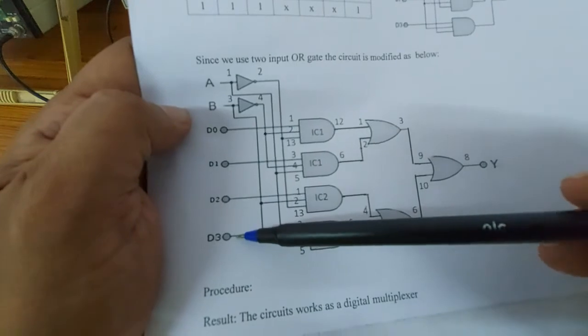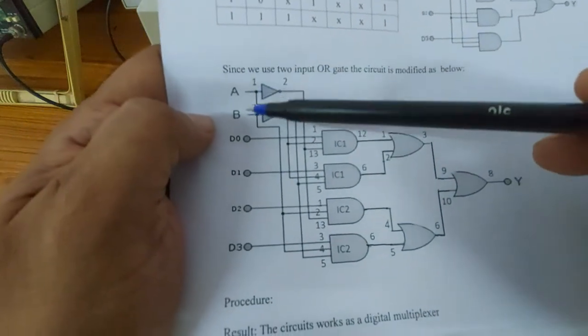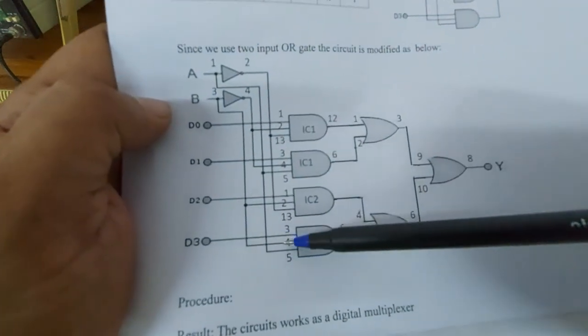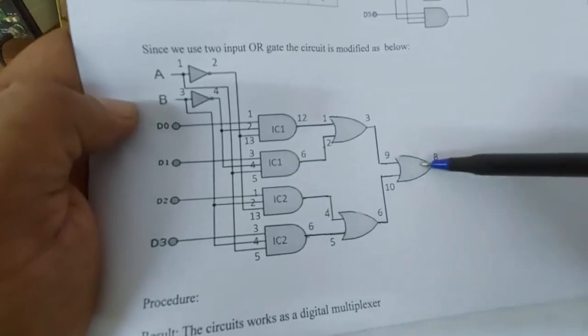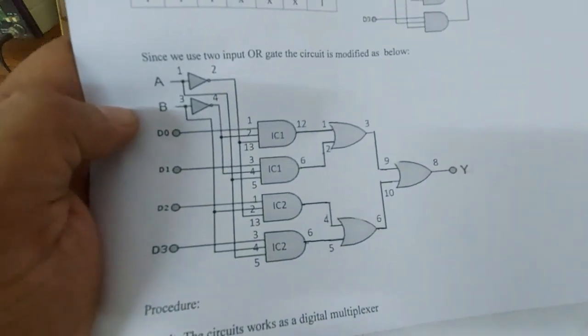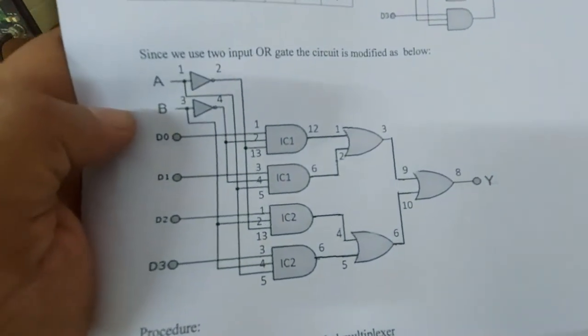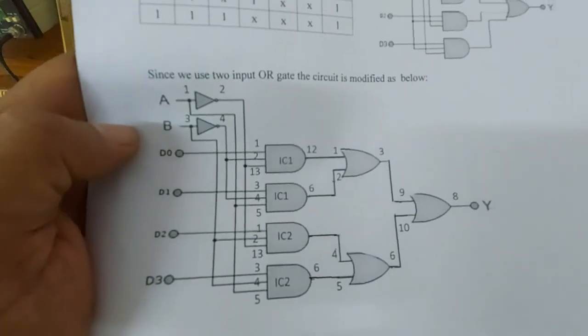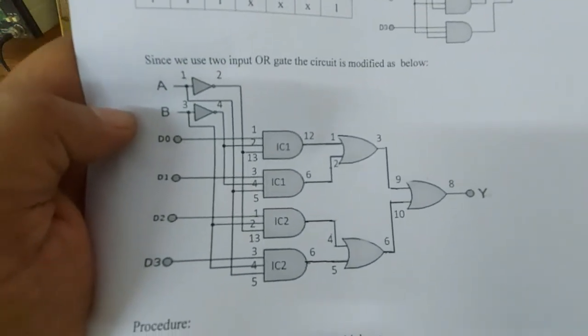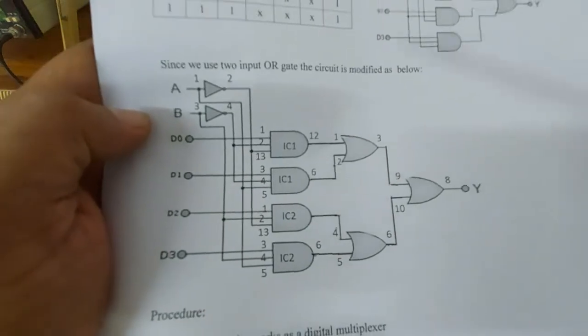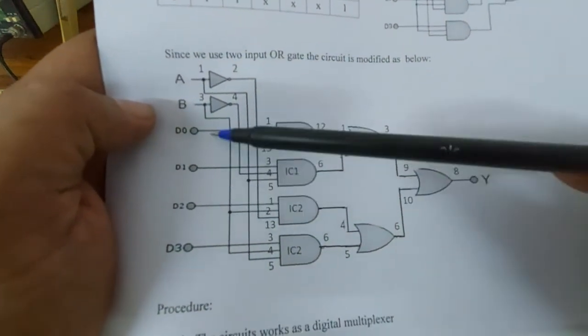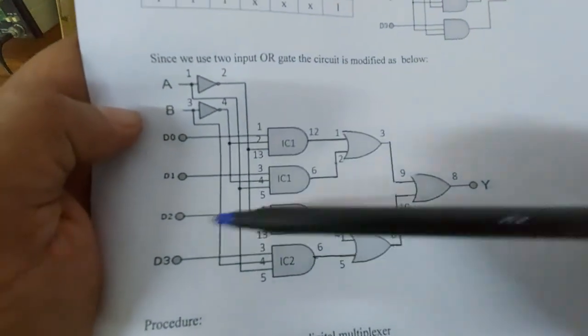And D3, when the address is 1 and 1, D3 will reach the output. So the circuit behaves like a digital switch. By giving addresses 0 0 or 0 1, 1 0 or 1 1, I can make any of the inputs over here reach the output.